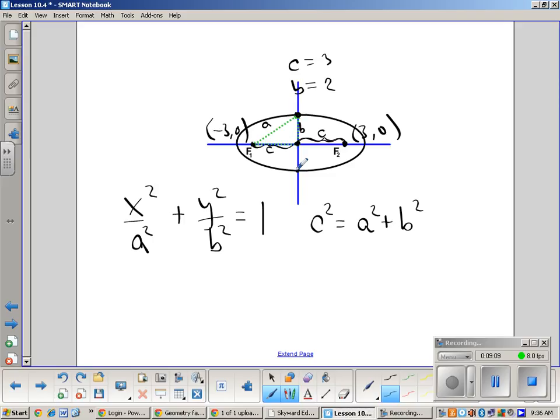What would the coordinates of the co-vertex be? 0, 2, and 0, -2. And so that means that the distance from the center to the co-vertex is 2, so the number here would be what? 4. So it would be y squared over 4.